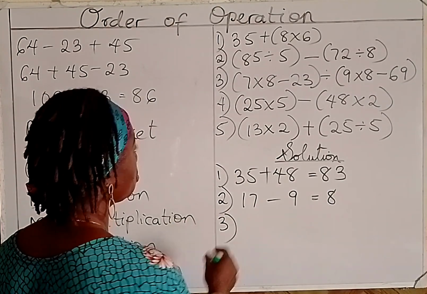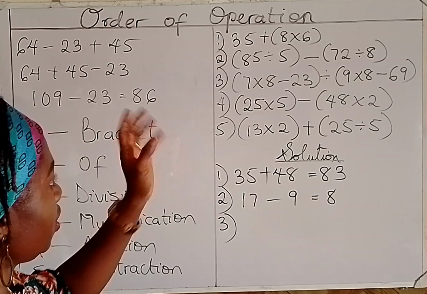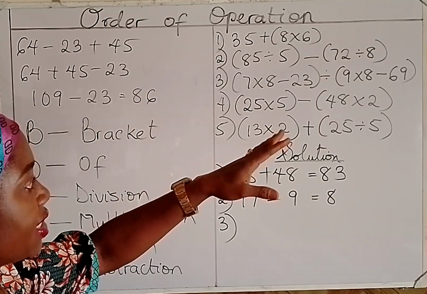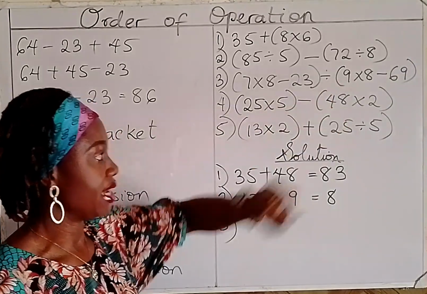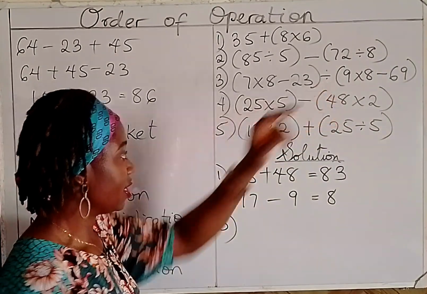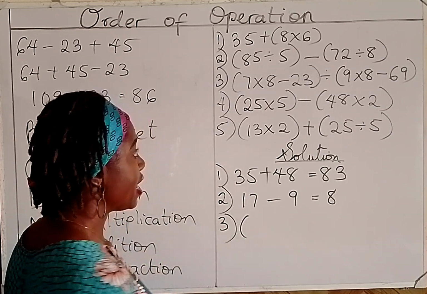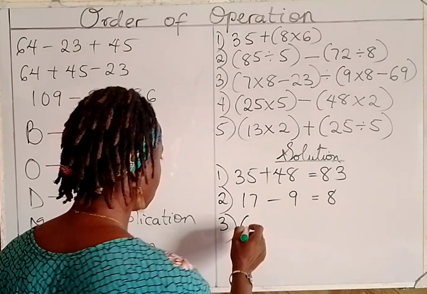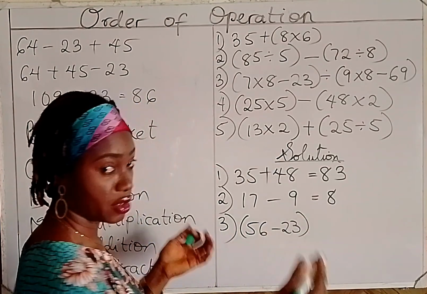Question 3. We have 7 times 8 minus 23 and 9 times 8 minus 69, both in brackets, and we're asked to divide. So what is 7 times 8? 7 times 8 is 56 minus 23. We have to open the bracket first.